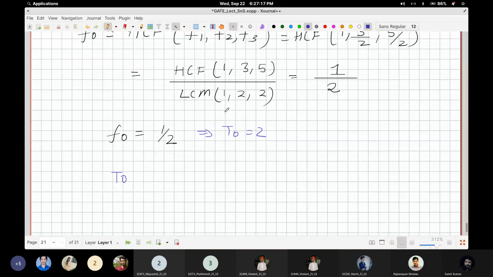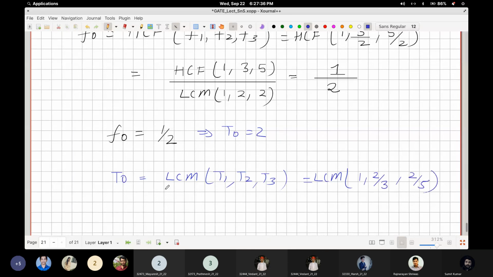T0 will be the LCM of T1, T2, T3. So the LCM of 1, 2 by 3 and 2 by 5.